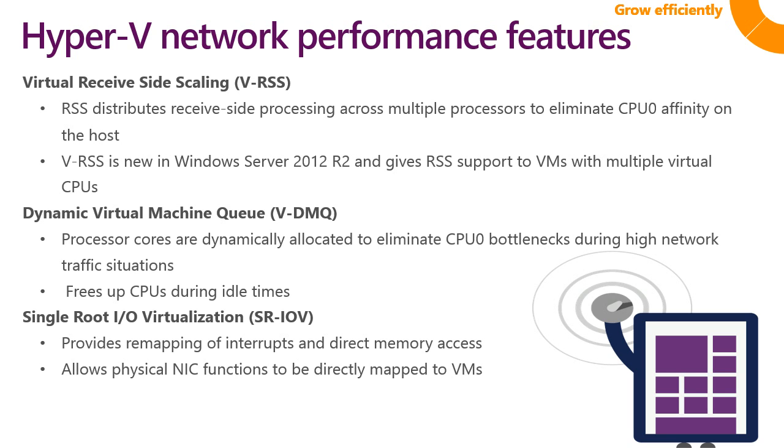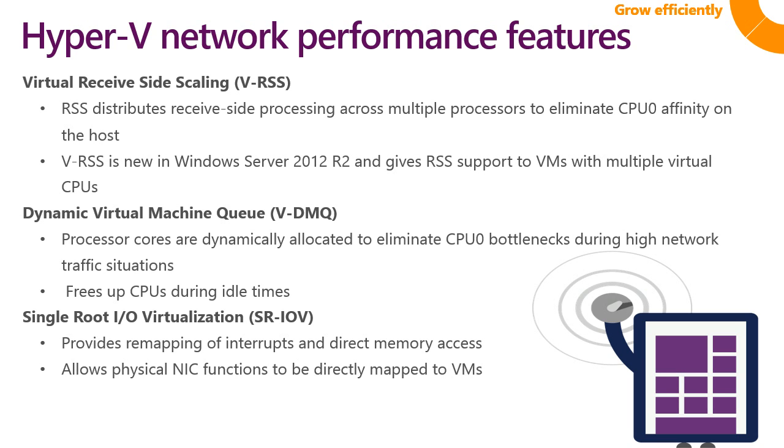So what also happens from here is that you've got the ability to now start taking advantage of virtual receive side scaling, which suddenly means that this is something that now allows you to scale within VMs with multiple virtual CPUs as well. So it's taking that physical concept that was introduced with 2012 and extends it now to virtual machines, not just to physical machines.